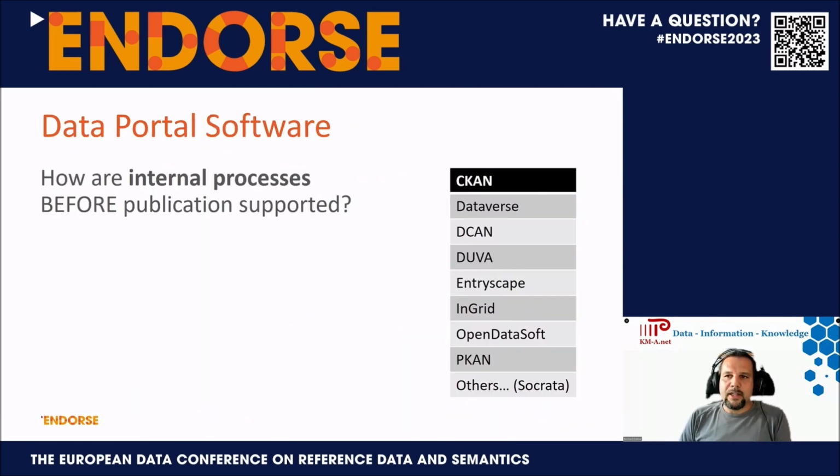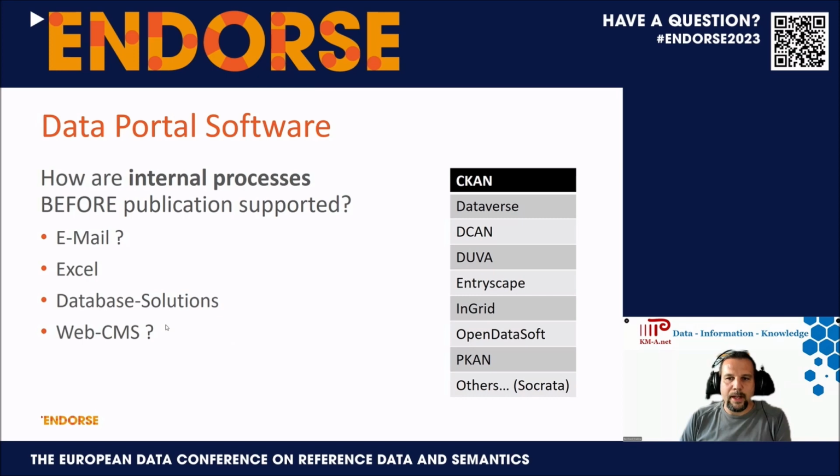But for the data portal software that is for this publishing process, what do you do before that? Do you write emails to the departments? Do you use some Excel sheet? You can do that. Do you have some database solution where you would collect the information about the data sets before they are published? Do you use some kind of web CMS? This data portal software, and on the right here you can find some.